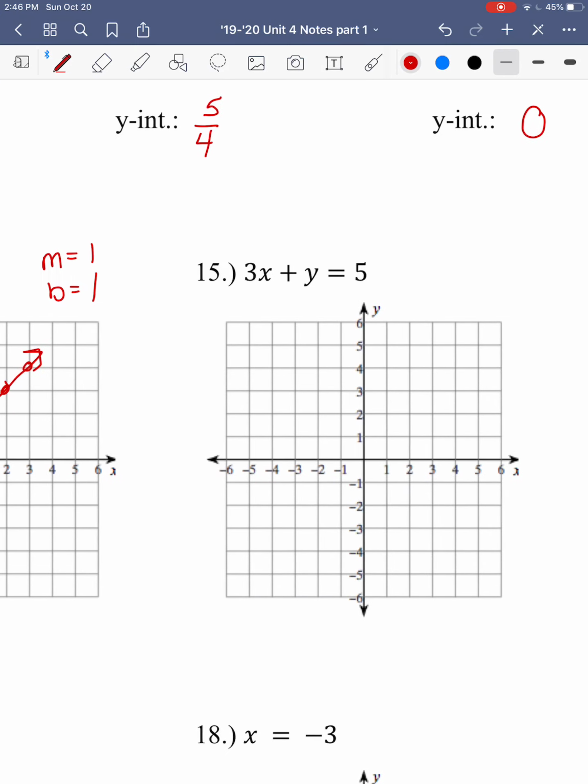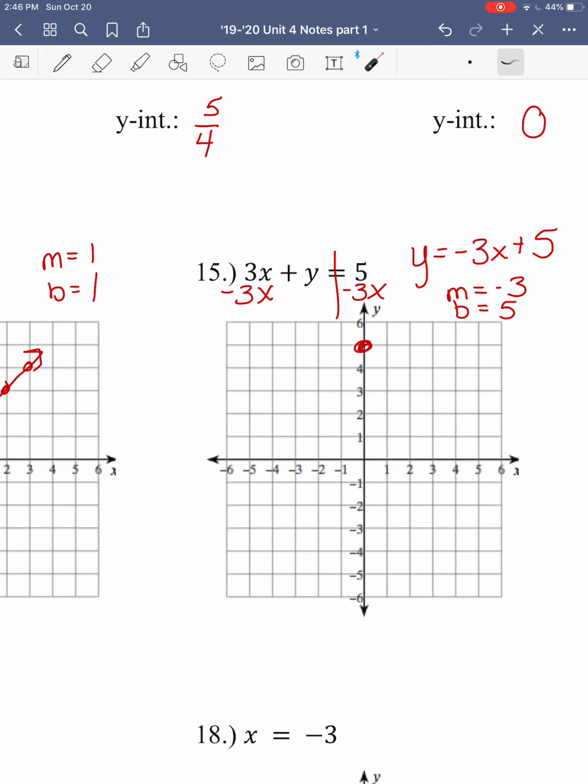And number 15, okay, it's also not in slope-intercept form again, so that means I have to subtract 3x over. So my equation is now y equals -3x plus 5. So my slope is -3 and my y-intercept, or where I begin, is at 5. And so I go to 5. Now from 5, my slope is -3.